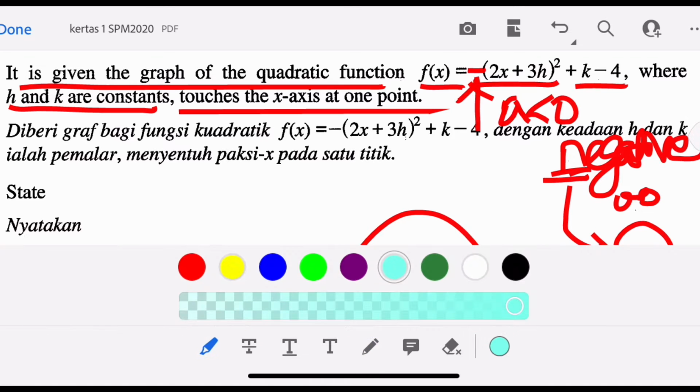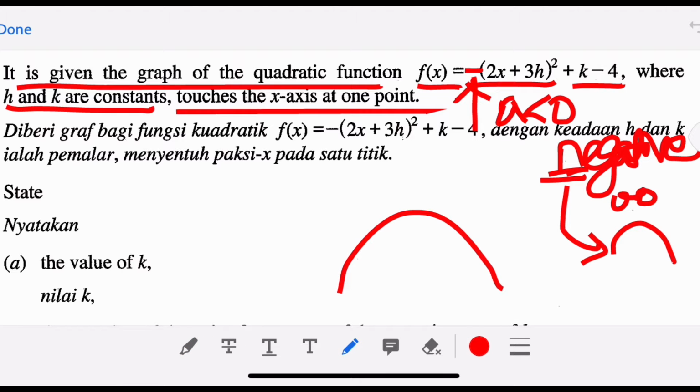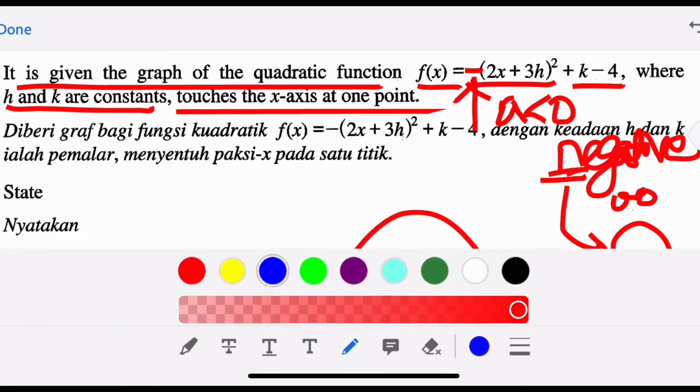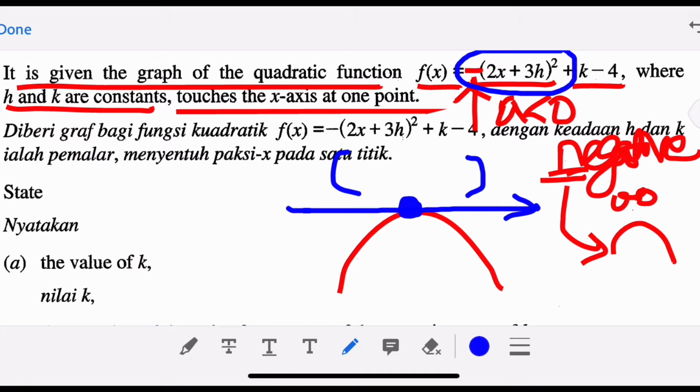Now we need to know that whenever you have a quadratic function, you will have the turning point. If it is the N shape, you should have the maximum point. To read the maximum point, we focus on the perfect square.